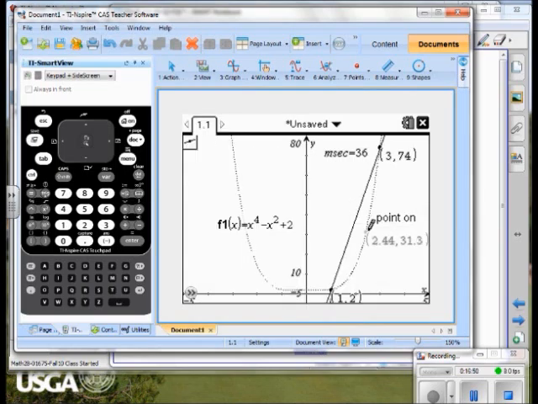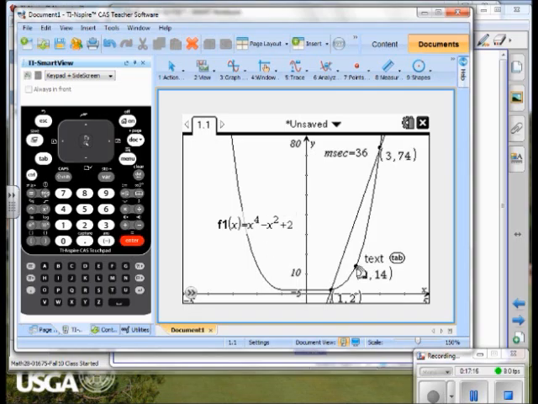I'm going to put a point on here, and I'm going to change the coordinate of that to be right at 2. Because we're saying that for every unit change in the input, the output's changing approximately 36 units.